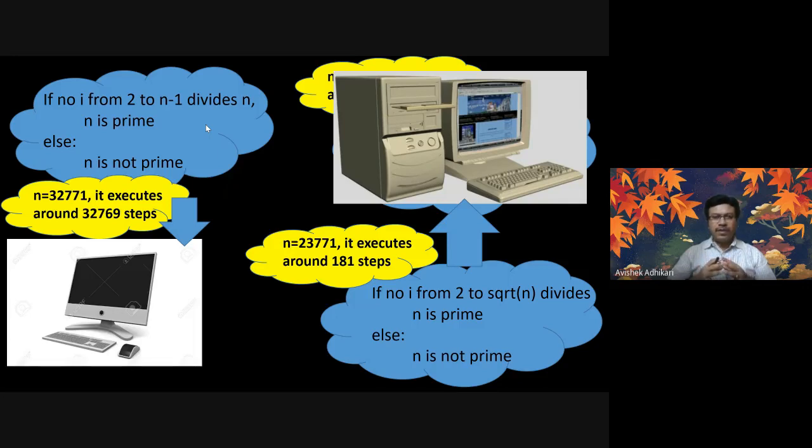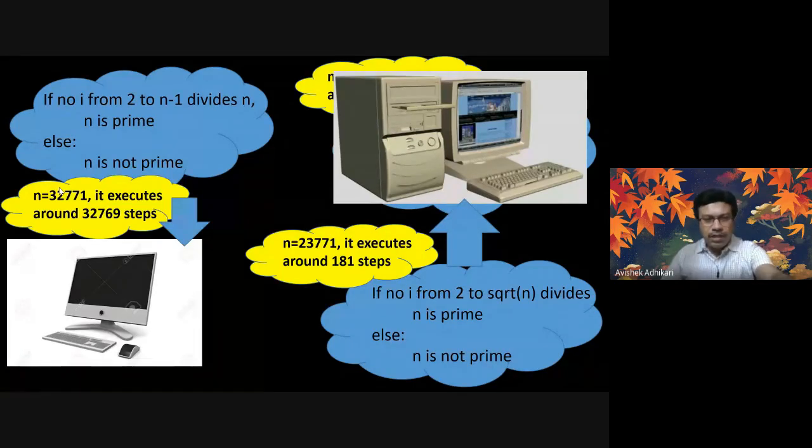Okay. So when we call an algorithm an efficient algorithm, the input size plays the most important role. So here the input is this. What do you mean by the input size? This is a decimal number. If you convert this decimal number into binary, it will have some binary representation.